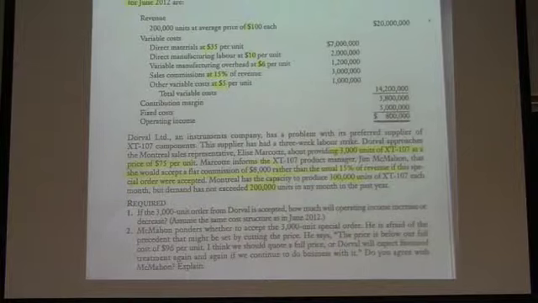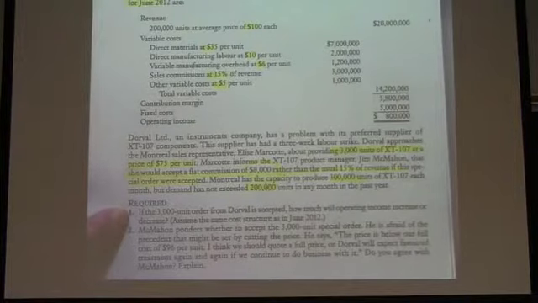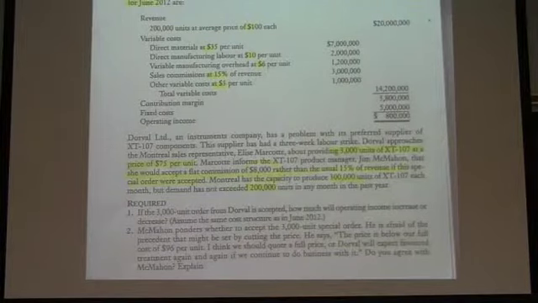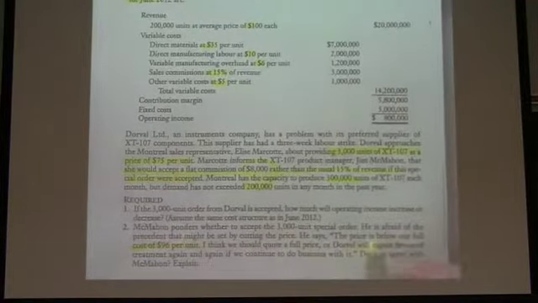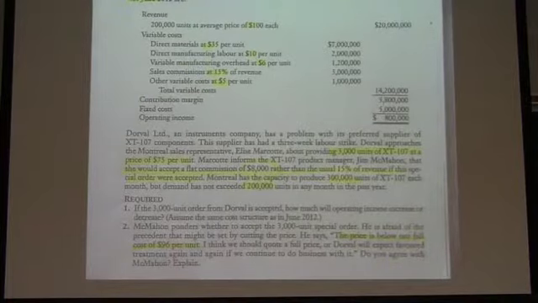By accepting these special orders at a lower price, even though the first part of the question will generate positive contribution margin, it may signal to other customers, if they ever find out that we're selling this product XT107 at $75. It also says the price is below our full cost of $96. I think we should quote a full price, or Dorval would expect favorable treatment again if we continue to do business. Do you agree with McMahon's analysis?